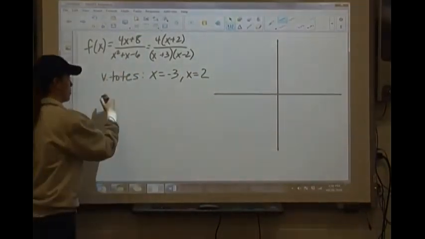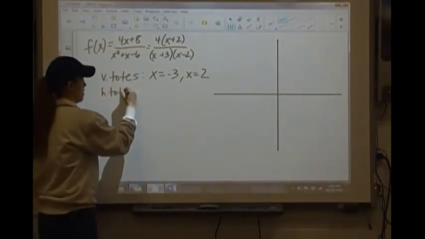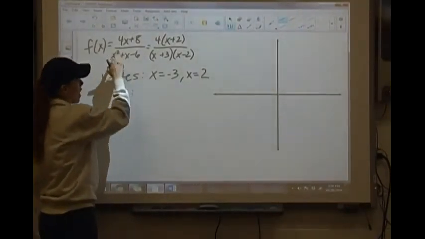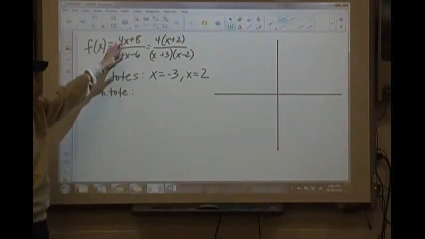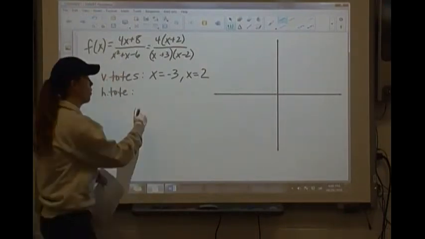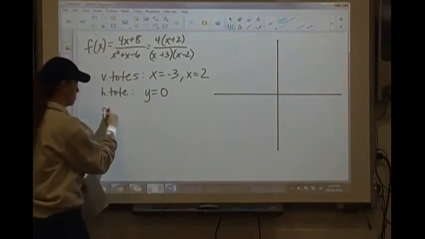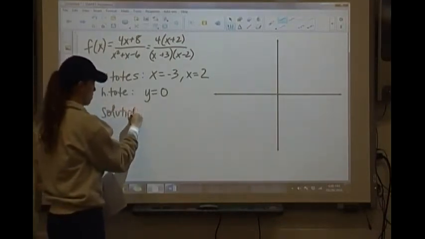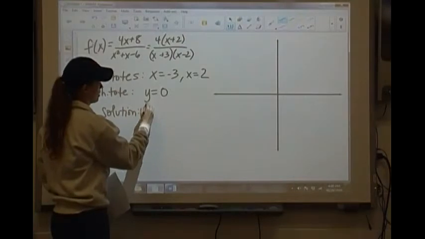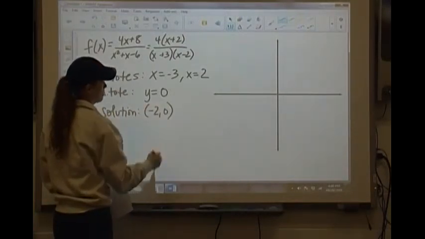Our horizontal asymptote, we have bottom heavy with degree. The numerator is 1, denominator is 2, so then automatically y is going to be equal to 0. And we do have one solution for our graph in this case, and that's going to be at negative 2, 0.